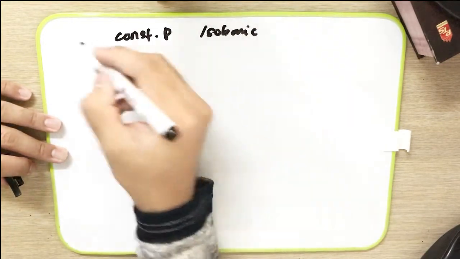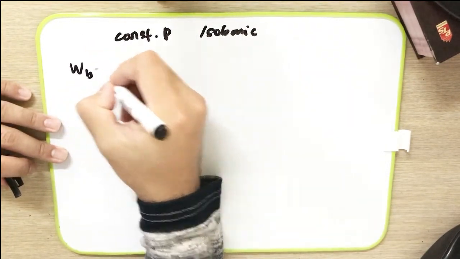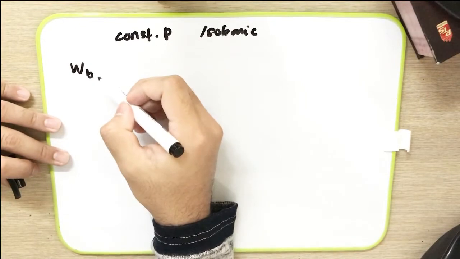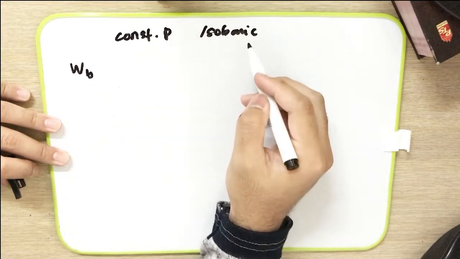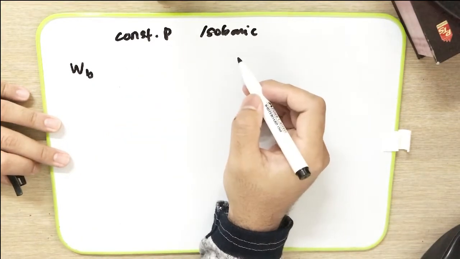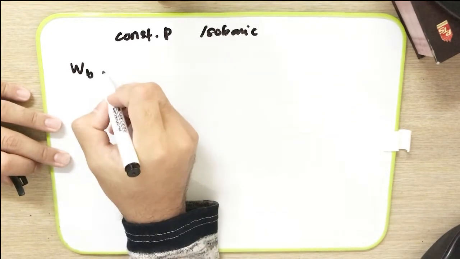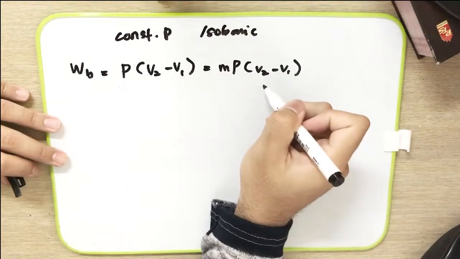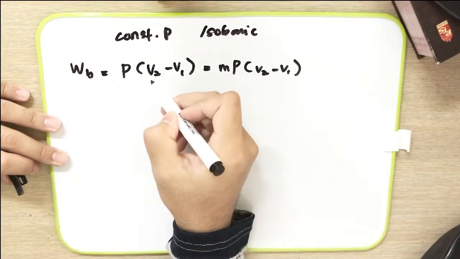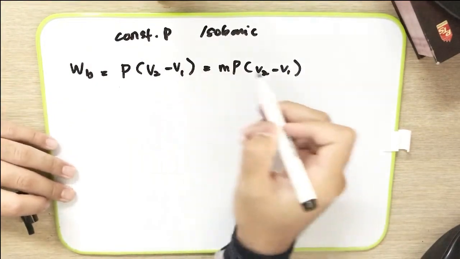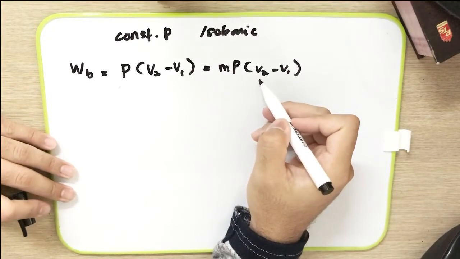For this system, we can find it through the boundary work. But this boundary work is according to the isobaric process. And we know that the equation for boundary work for an isobaric process is equal to this equation. The capital letter V is volume and the small letter v is specific volume.